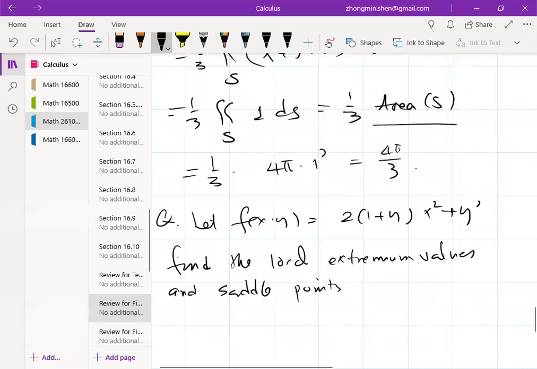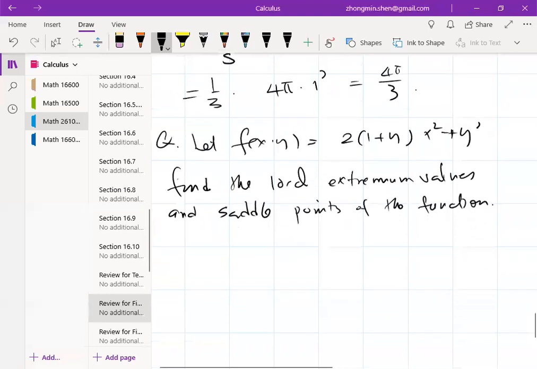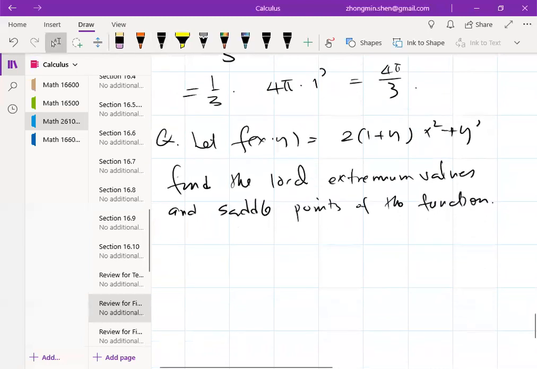That was a long time ago we learned, right? Of the function. So first, we have to find the critical numbers. Those are the only candidates that give you the local maximum or local minimum values. So you have to find the critical points.